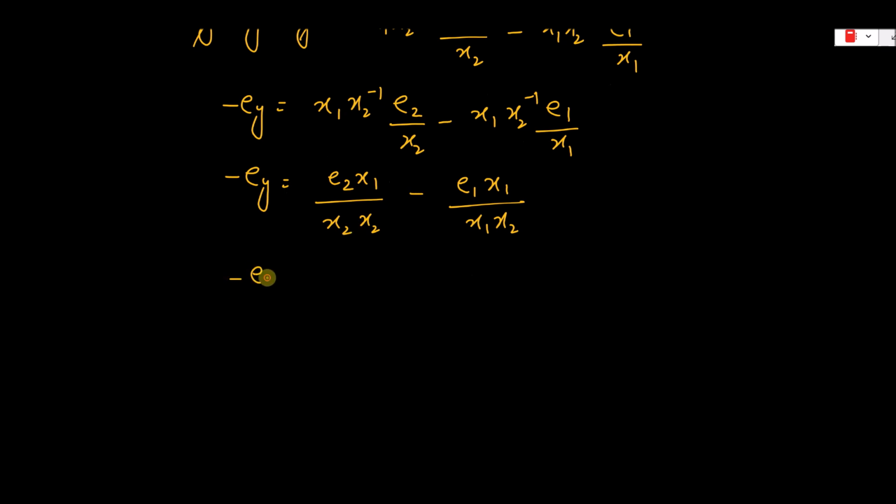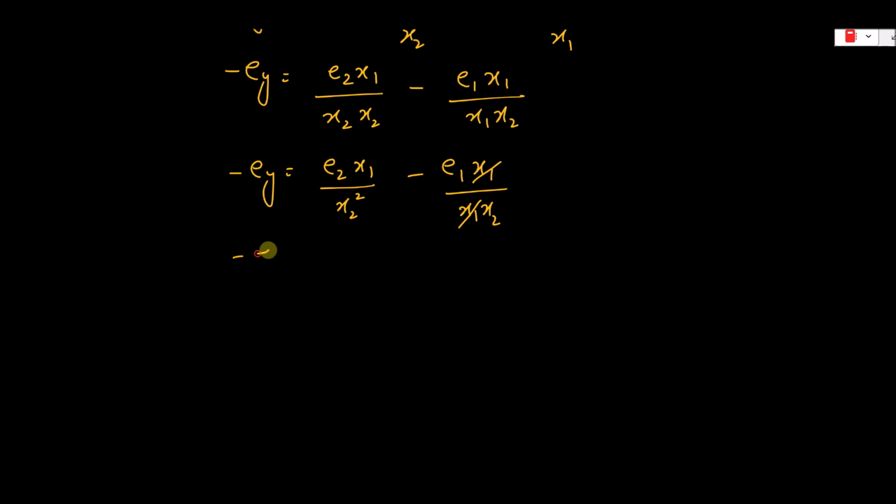So this should compile and it becomes e2 x1 over x2 raised to 2 minus e1 x1 over x1 and x2. So this should be cancelled out with this one. So we will write e2 x1 over x2 raised to 2 minus e1 by x2.